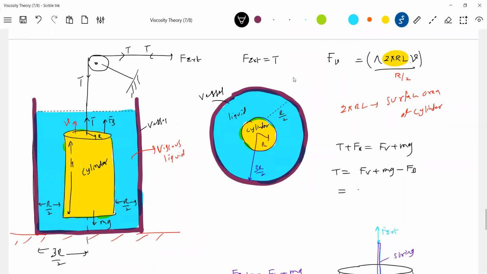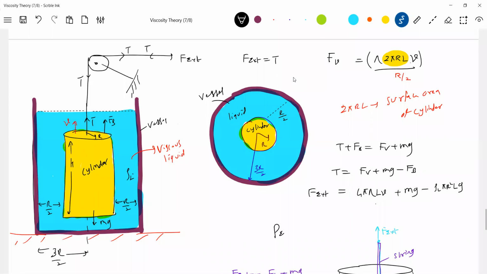Viscous drag we know, 2 pi eta R L V, where this R will get cancelled out. This is the viscous drag, then the weight of the cylinder. This is mg, there's no problem. Now what is the buoyant force? Density of the liquid rho L. So this is what the tension is, nothing but F external.